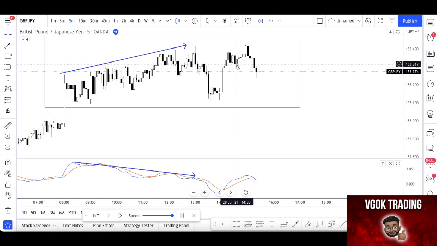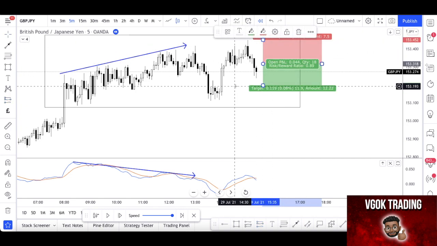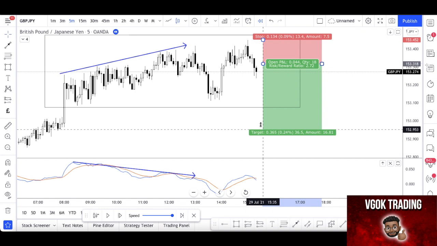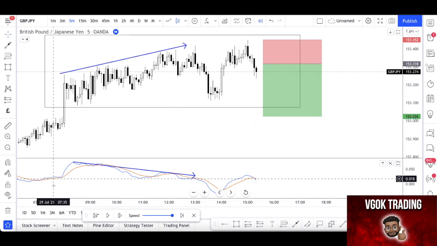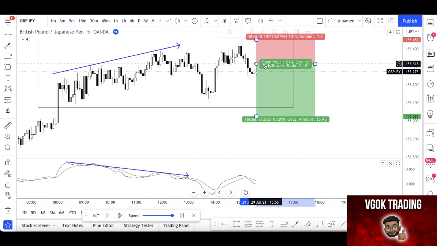You can see it's broken structure below this point right here, and then you'd be good to place your entries at this level, stop loss at the top, and obviously targeting wherever we want to target. And as we forward price, we're getting in the entry right there. So let's move it across so we can see.